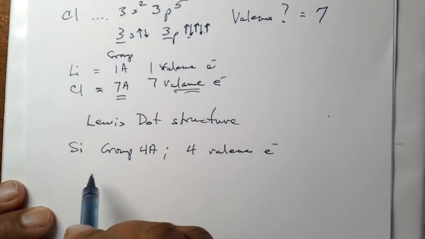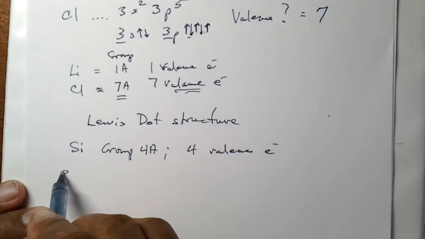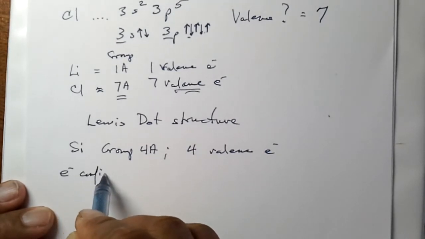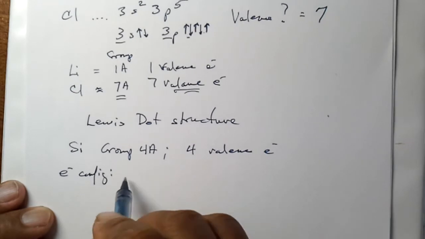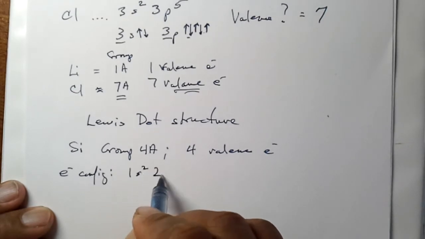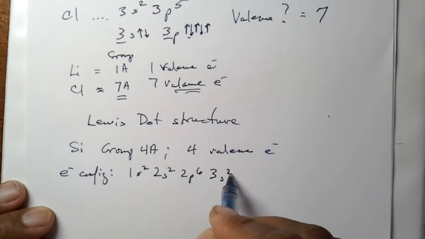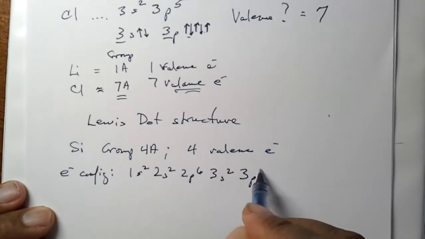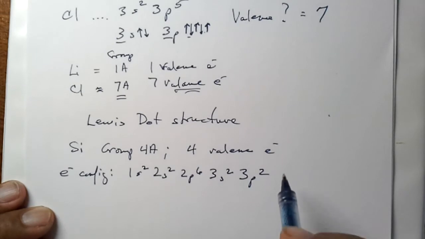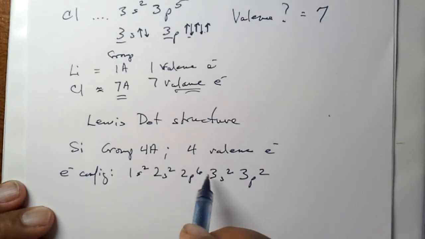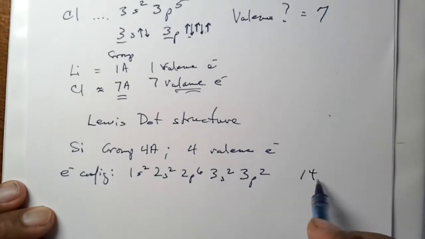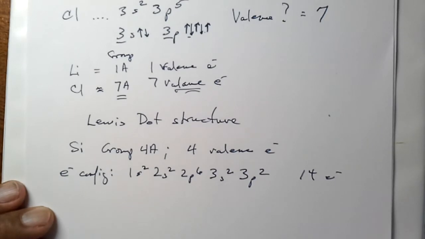What's the electron configuration? We'll do the whole thing. 1s2, 2s2, 2p6, 3s2, and 3p2. How many electrons? 10 and 4 is 14 electrons total.